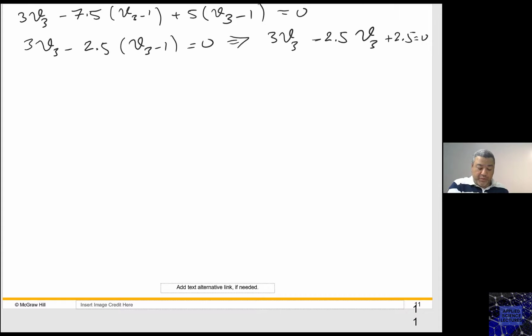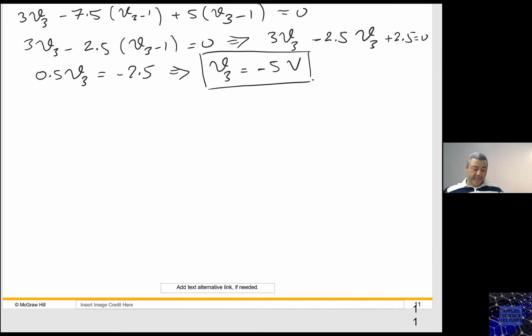And now this is 0.5 V3 equals minus 2.5, right? And now V3 is minus 5 volts. So we found V3 to be minus 5 volt.